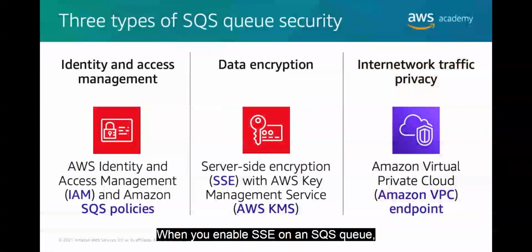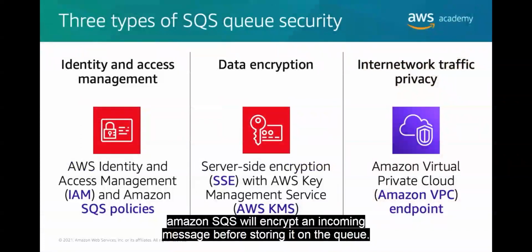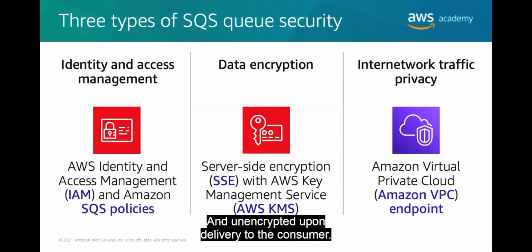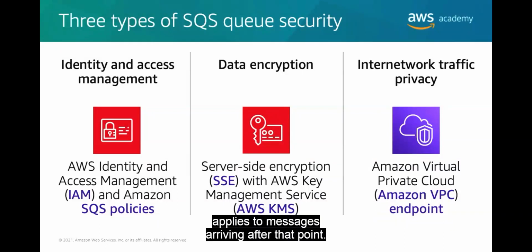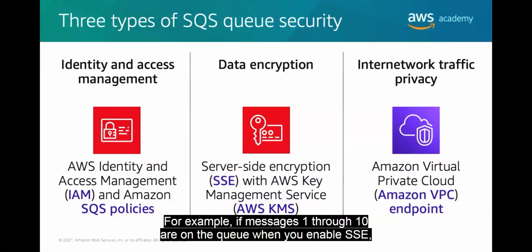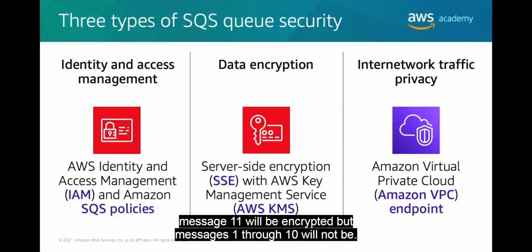When you enable SSE on an SQS queue, Amazon SQS will encrypt an incoming message before storing it on the queue, and unencrypt it upon delivery to the consumer. The encryption occurs at a point in time and applies to messages arriving after that point. For example, if messages 1 through 10 are on the queue when you enable SSE, message 11 will be encrypted, but messages 1 through 10 will not be.